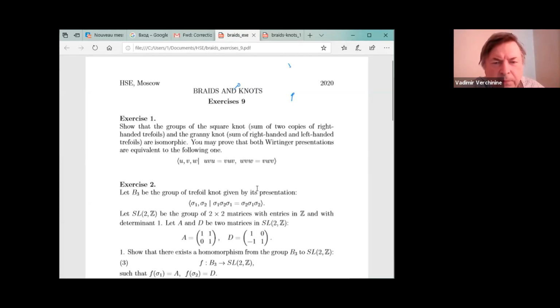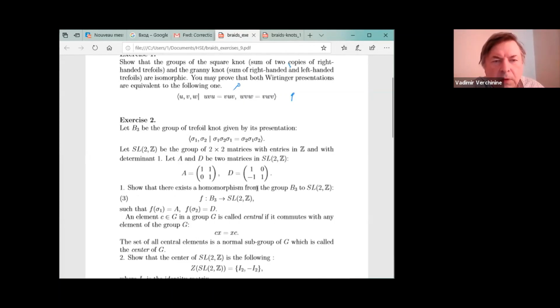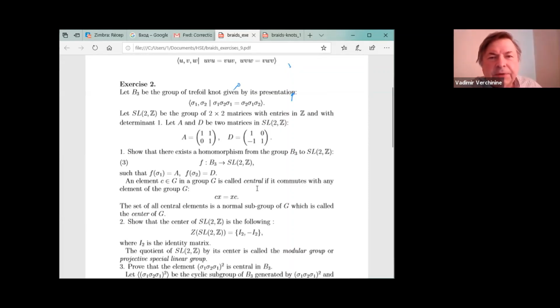So let us start the exercise 2. Why did I make this exercise 2? Because we'll consider braid groups today, and this is why this notation B, because of notations for braids, B, the English word braid.